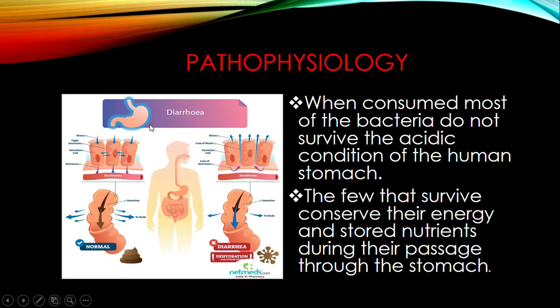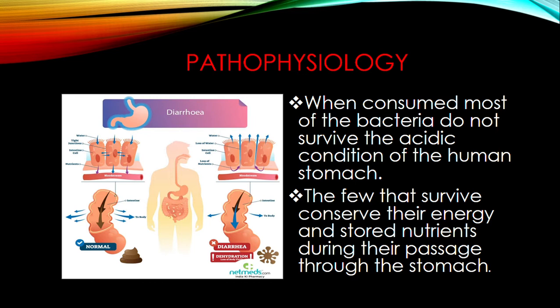So let's go back to this slide. So we are saying that when it's consumed through the mouth, maybe in the water or in the food, it will pass through the esophagus. When it comes to the stomach here, because the stomach is acidic, most of it will not survive. Now the few that survive, it preserves or conserves its energy in itself.